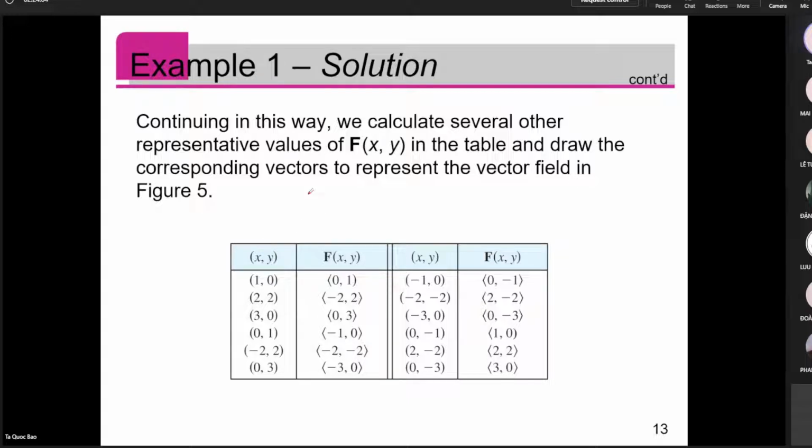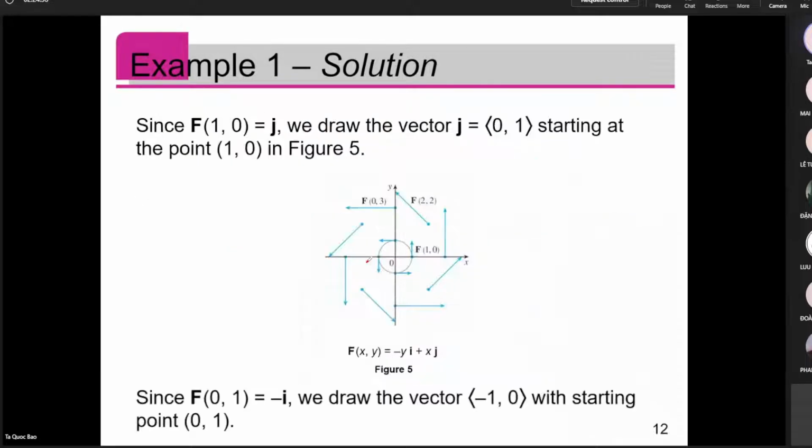Remember that F equals minus y i plus x j, or exactly, you can write it as minus y and x. Therefore, when you take the point (1, 0), you get F(1, 0) equals (0, 1).